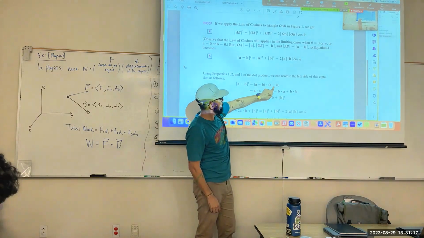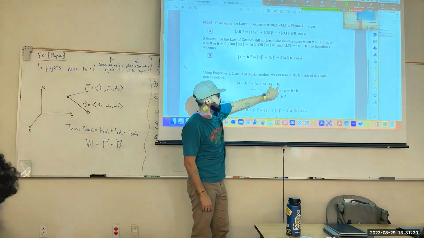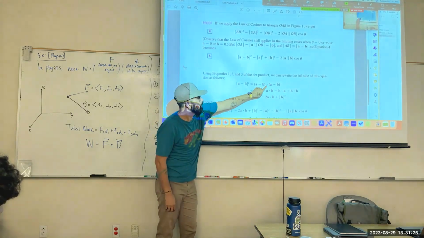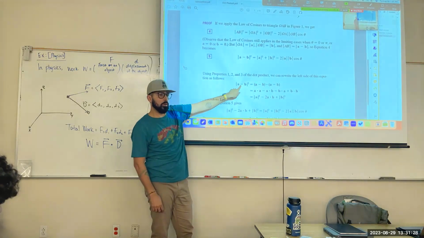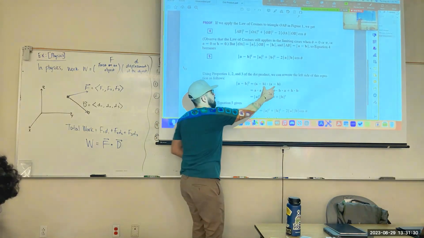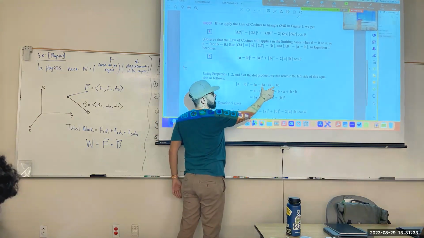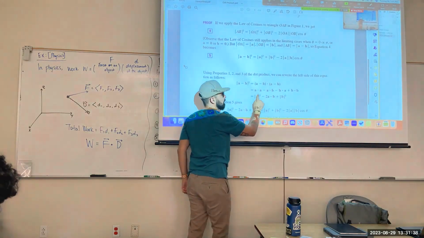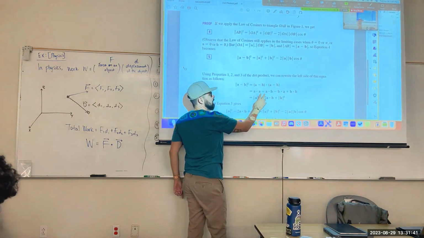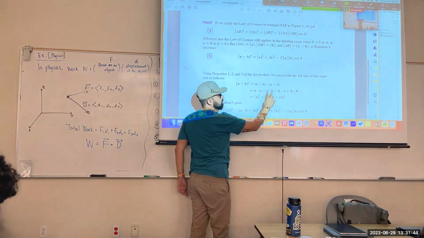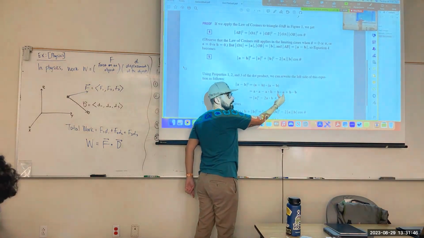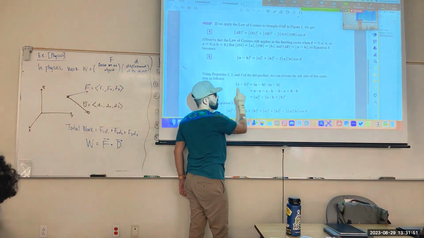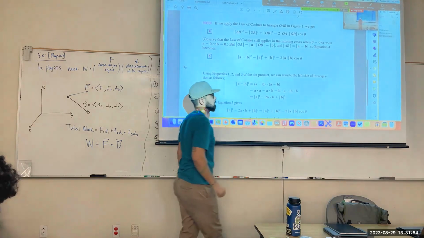If I dot this vector with itself, the difference vector, notice that by definition, a vector dotted with itself is just its magnitude squared, right? So that equals this because of property 1, but then here they use property 3 to do distribution. They distribute like this. And then they use property number 2 to say it's commutative. A dot B is the same thing as B dot A. So these are the same thing. So there's 2 copies of those. And so then they are able to rewrite this in terms of this method.